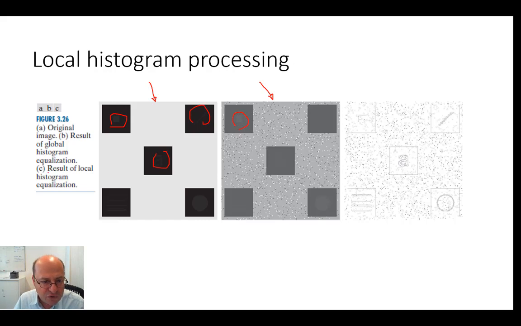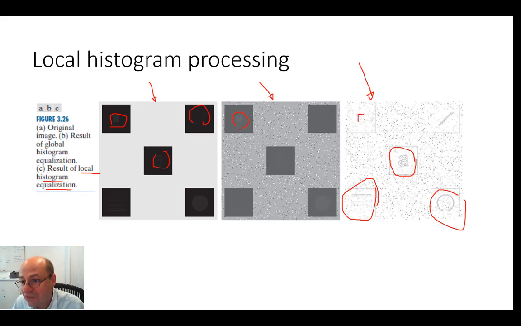Now, if we apply a local histogram equalization, that's this, we can actually see through noise. You see, we see some stuff. We see that here there is a circle, here there is an A, here there is, well, some stuff, I don't know, something like that.